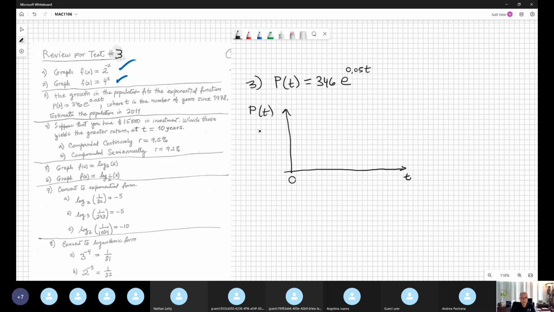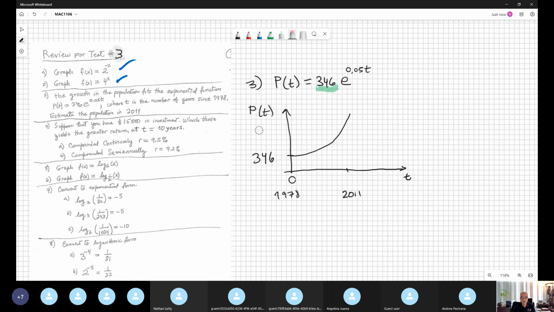At t equals 0, which in our supposition in the problem is 1978, the population is 346, because that number is the initial population, always. Now I know the base is greater than 1, therefore this is exponential growth. I need to investigate what's going on in 2011.